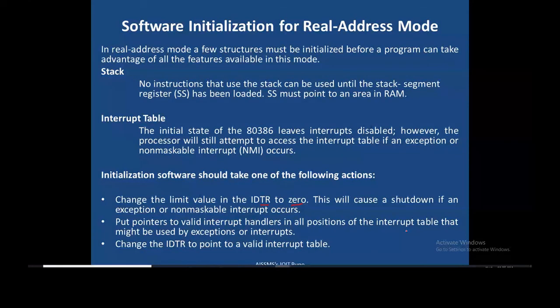There are interrupts and there are interrupt handlers which handle all the interrupts. So put pointers to valid interrupt handlers. Last, change the IDTR to point to a valid interrupt table. So these are the software initializations which take place in real addressing mode.